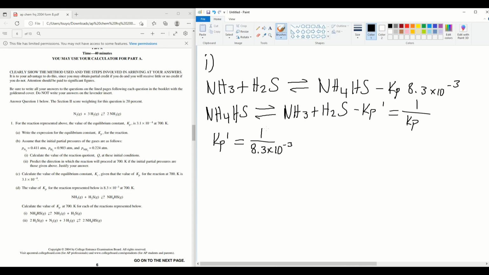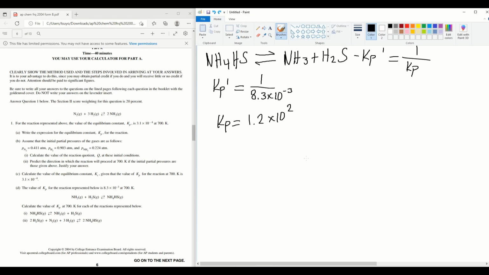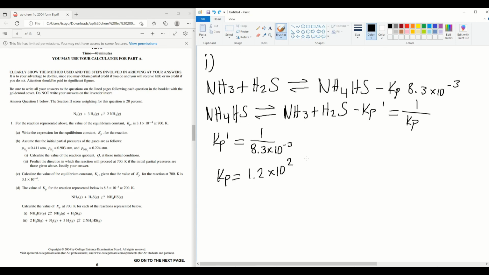And this comes out to Kp equals 1.2 times 10 squared. So this is our answer for this equation. So for this equation, Kp is equal to 1.2 times 10 squared. So that one is pretty simple.